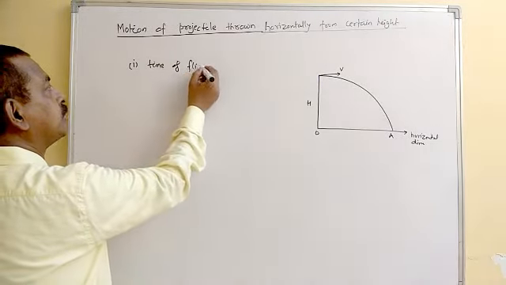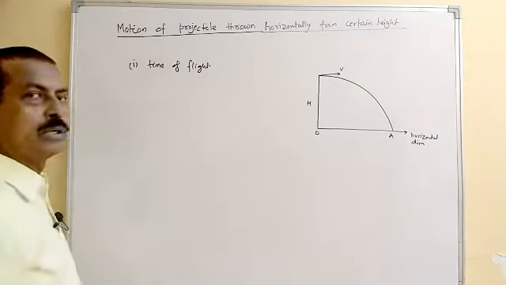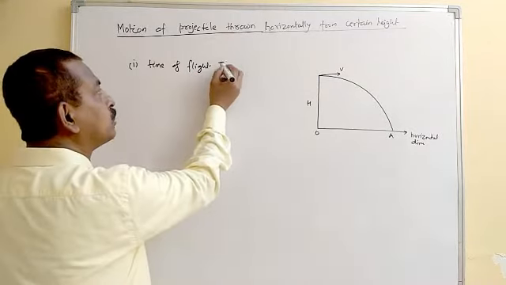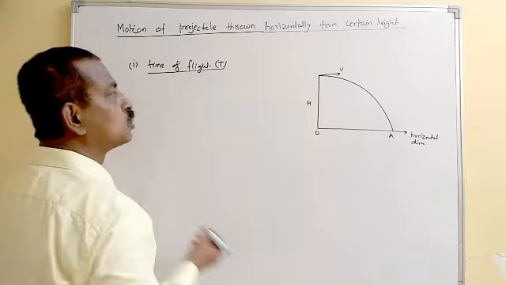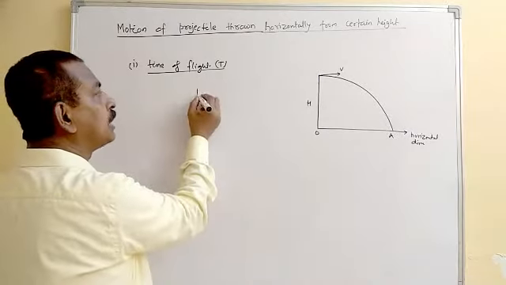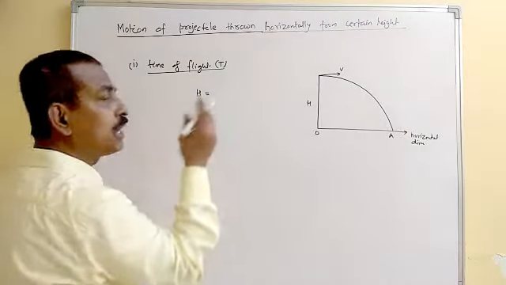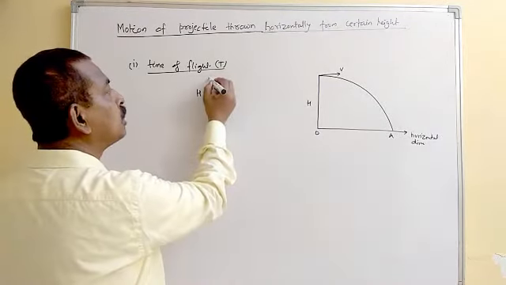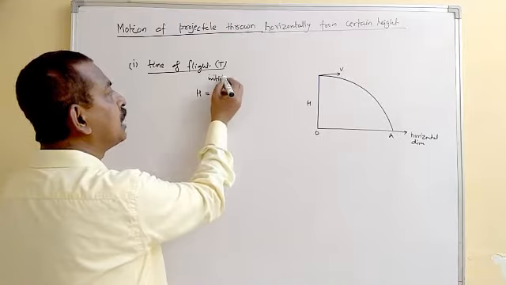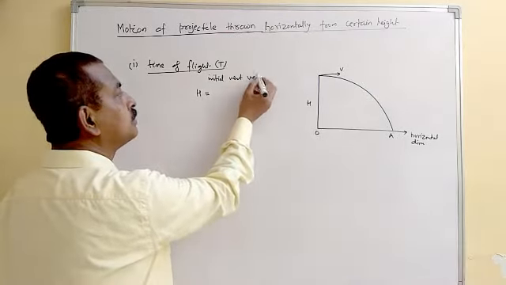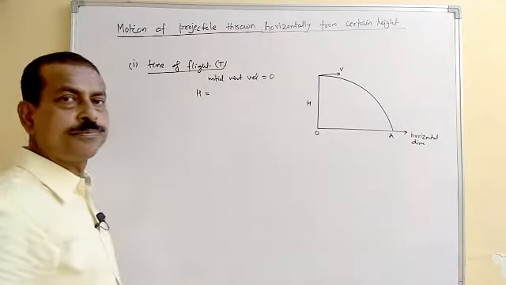So if you consider the time of flight for this case, suppose I represent it by t. What will you get here? Vertical displacement described is h. Initial vertical velocity, if it is thrown horizontally, will be 0.